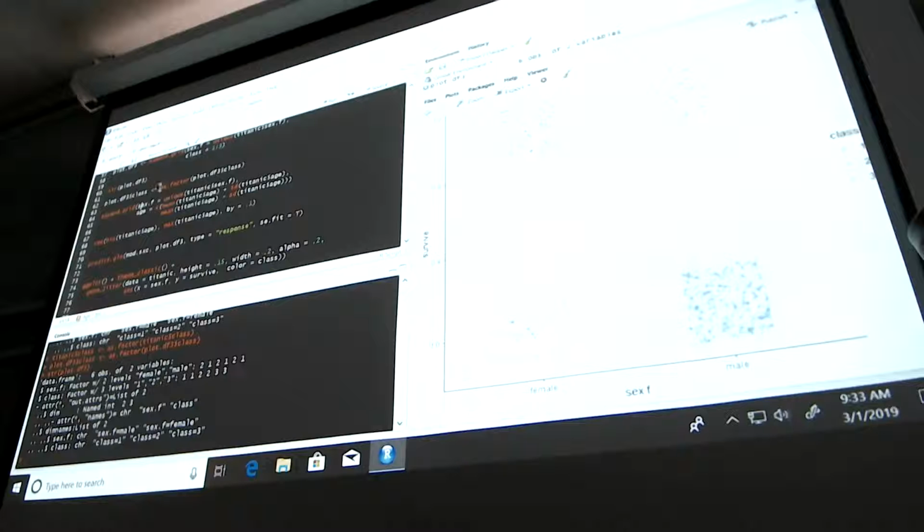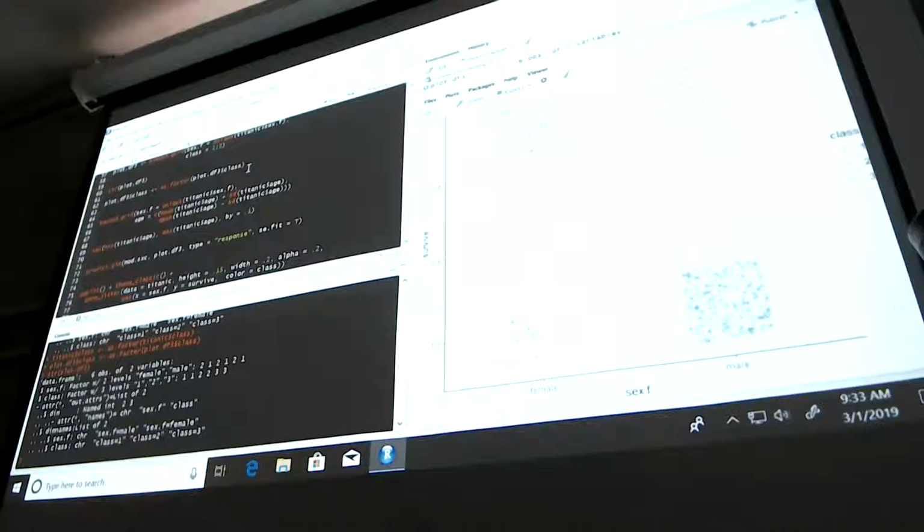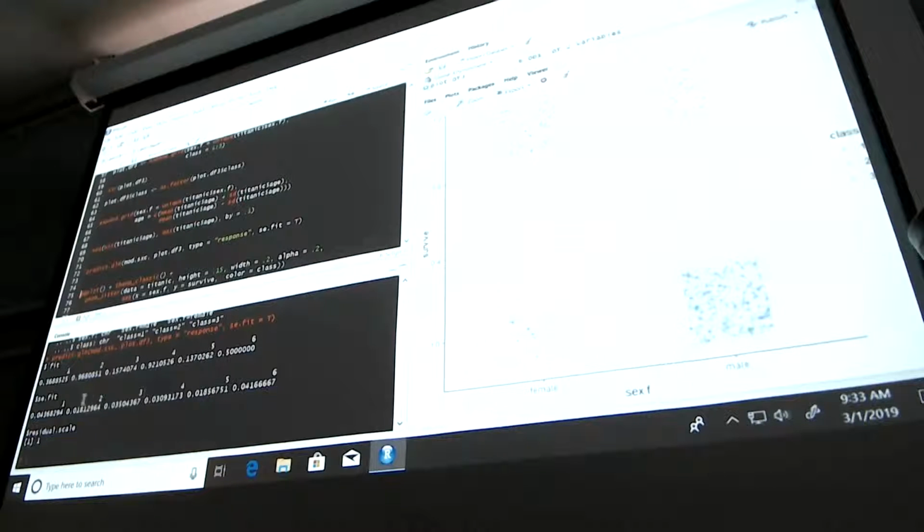And so now if we come down here and run our predict, it gives us our predicted values and our standard errors for each of these 6 groups. But that doesn't do us any good because now we don't have what those original values were. So we need to bind it together with the original plot data frame.